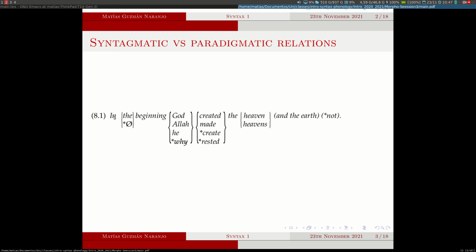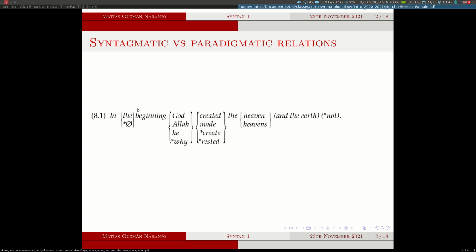But the point here is that the relation between in and the, and beginning and in, the structure here is syntagmatic. Because they cannot co-occur in the same position, they have to follow each other, and they are related by rules constraining what can come before what.